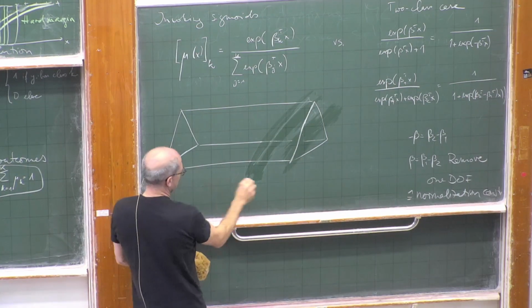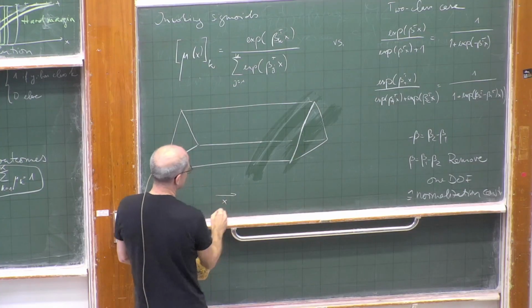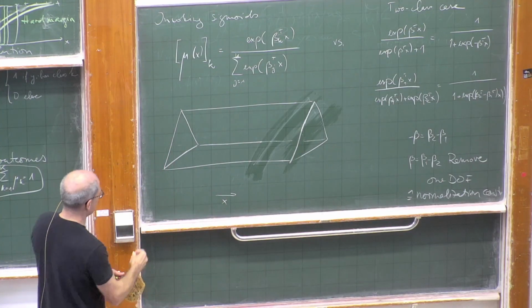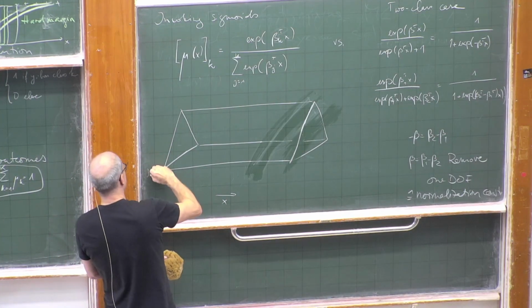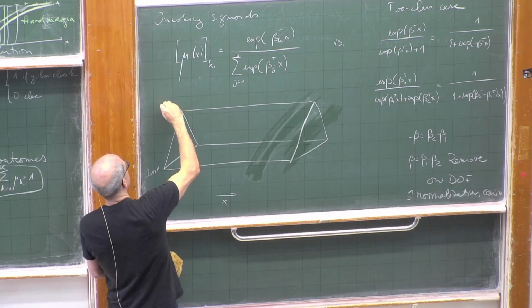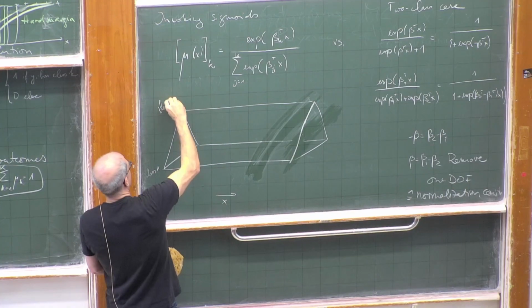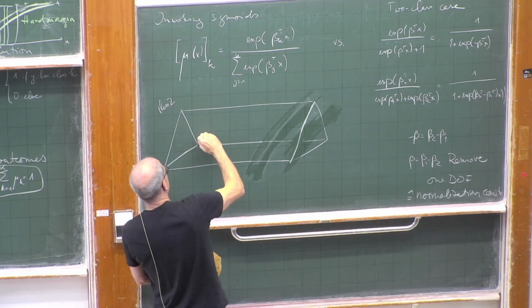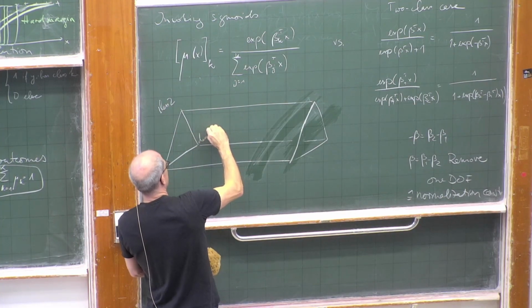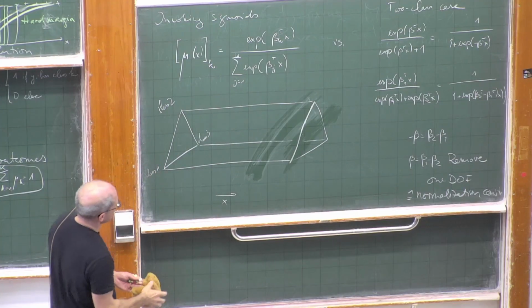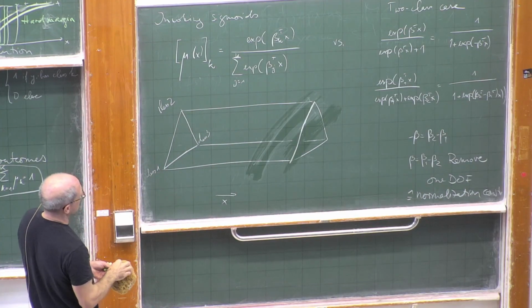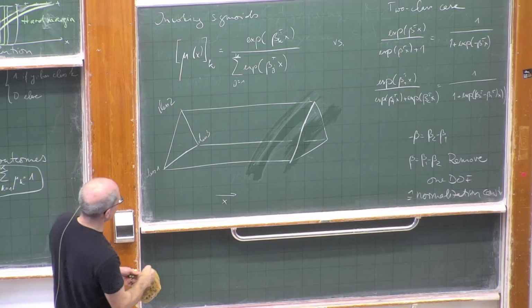This is X. And now I have 3 classes. I have here class 1, class 2, and here class 3. And now we can have different examples.